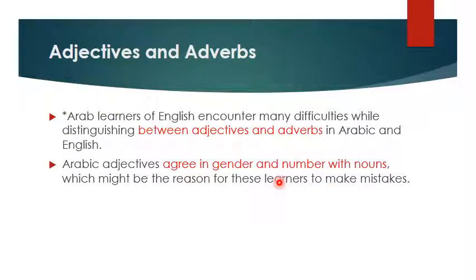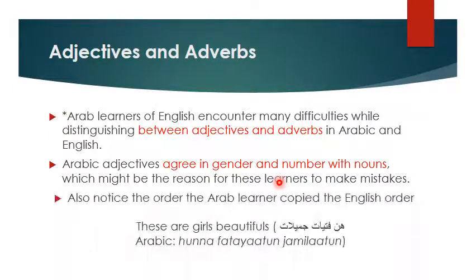So, for example, in Arabic we say beautiful girls, الفتيات جميلات. We say فتيات جميلات. This is plural, فتيات, and we have the plural inflection, جميلات, right?